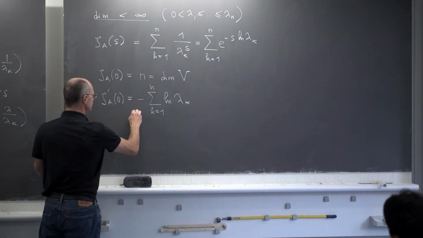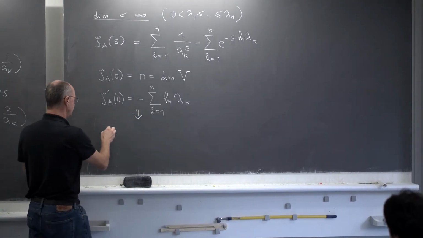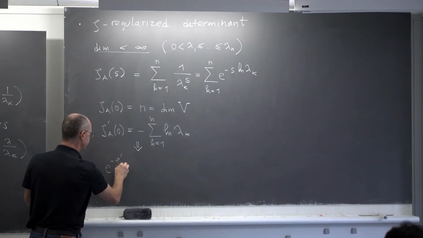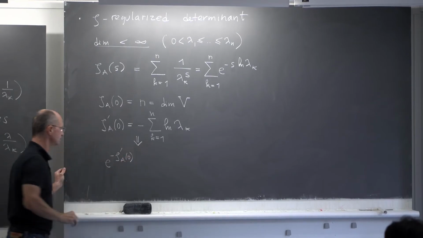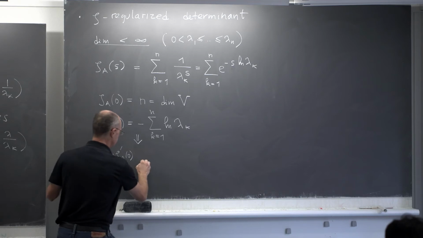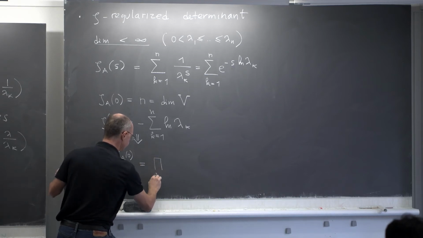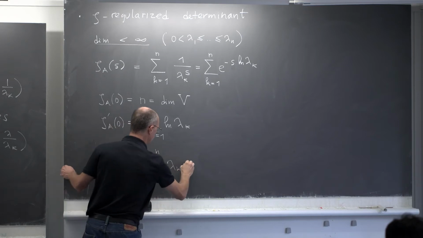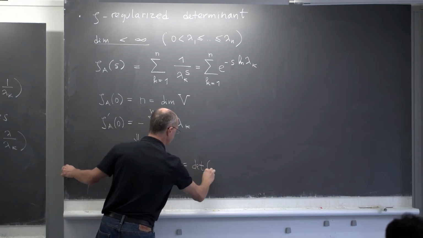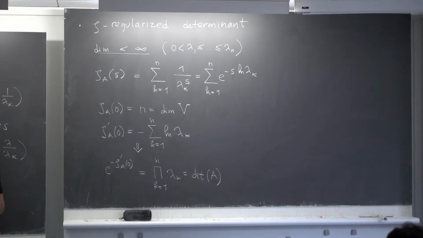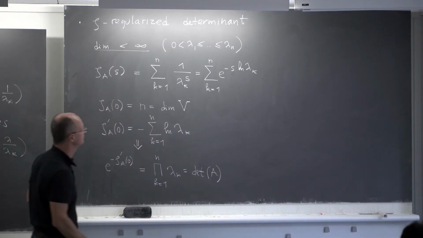And this formula implies that if I take the exponential of minus the derivative of zeta at 0, this will be the product of lambda k's, and this will be the determinant of A. Right.